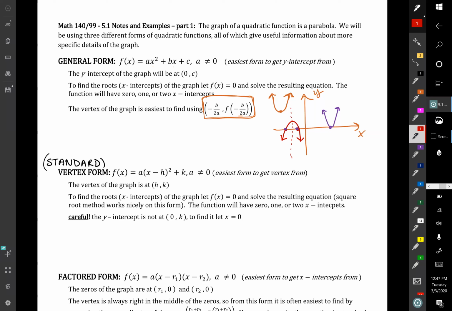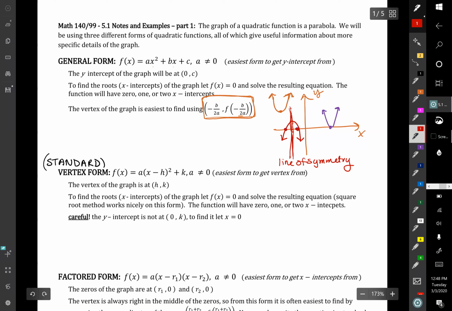If I would fold this in half, or this would be like a mirror, it would be reflecting over that line of symmetry, we call that. And I could find that by averaging my 2 intercepts. So whatever these are, I could find smack in the middle. I could take an average of those, and that would give me this point, and all the x's at that would give me my line of symmetry. Okay, so that's my line of symmetry.